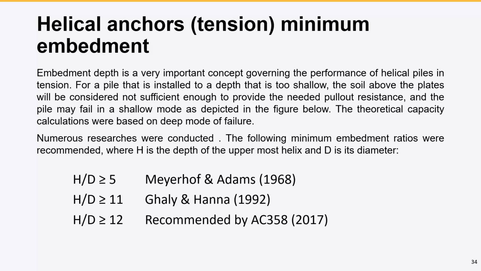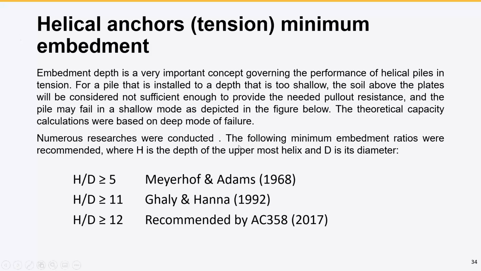The equation I gave you for the individual bearing plate method and the equation I'm going to give you for the cylindrical shear method are based on deep mode of failure. If the helical plates are too shallow, like I said, the cone of soil above that helical plate is not sufficient to provide the pull-out resistance of the helical pile.